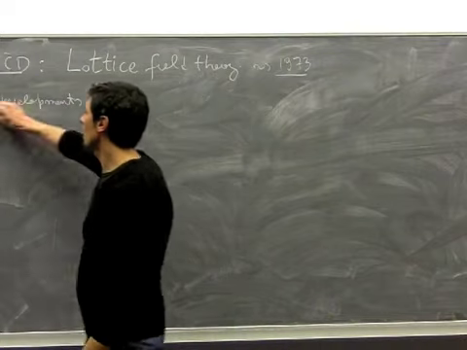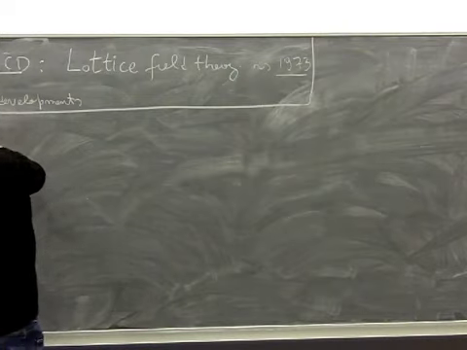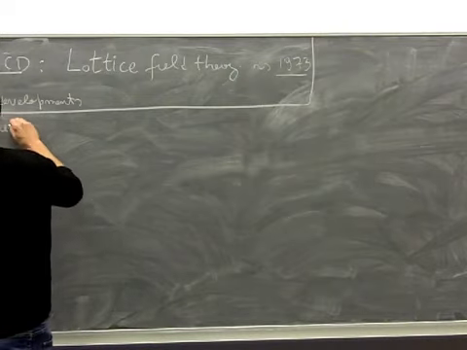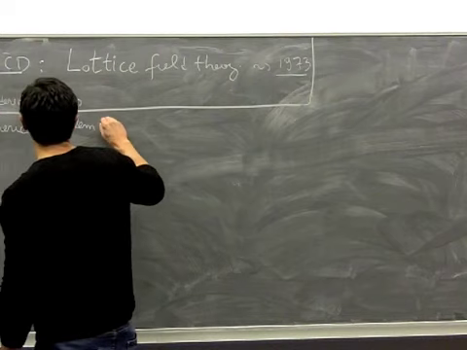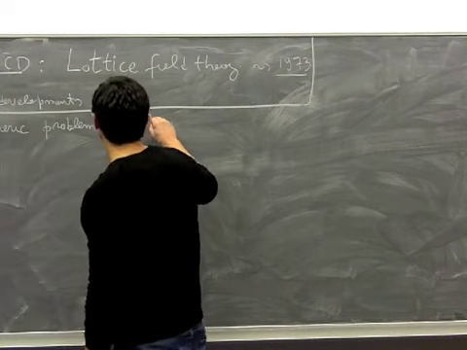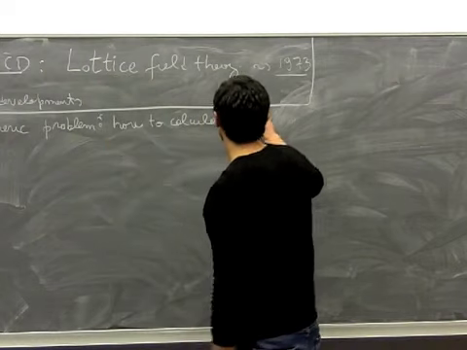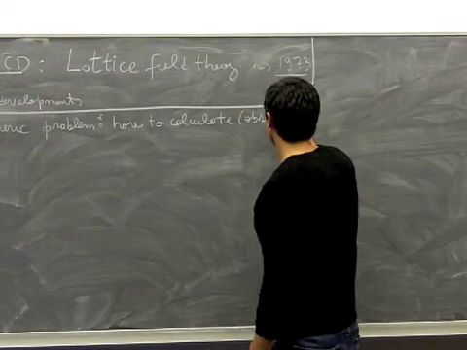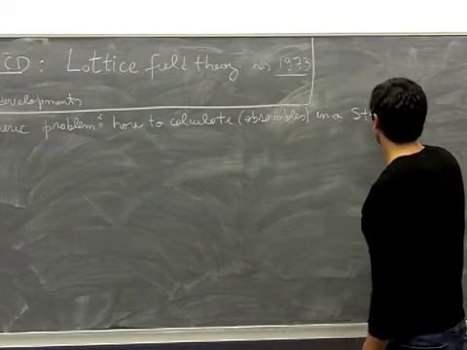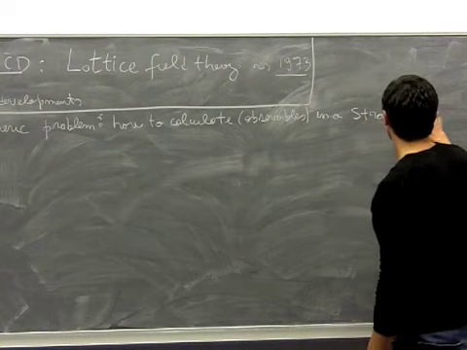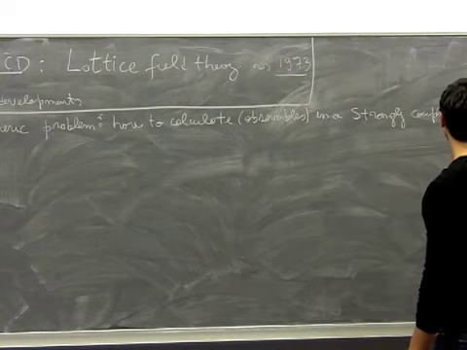So let me take this particular problem as an inspirational problem, but let me try to generalize it a bit. A more generic problem is how to calculate observables, if you want, in a strongly coupled quantum field theory.